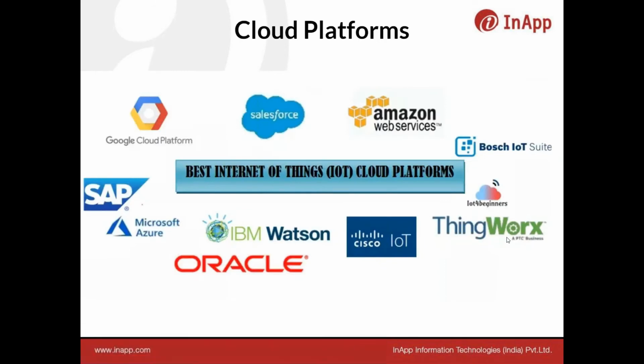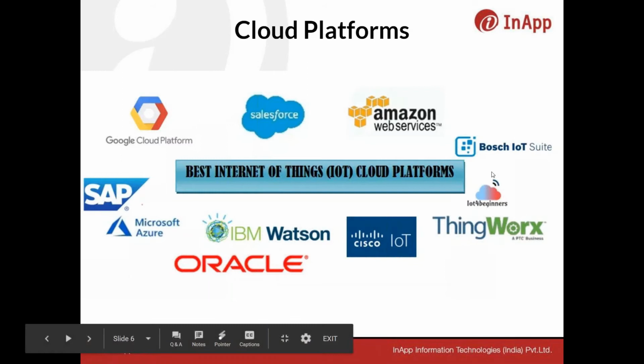So there are enterprise platforms available to manage devices, but we will be talking about the popular cloud platforms available today. That includes a lot of very common platforms. Google Cloud Platform is there, IBM Watson, Oracle, Amazon, IoT for beginners is also a good platform, and Azure is there. So these slides mention the most popular platforms.